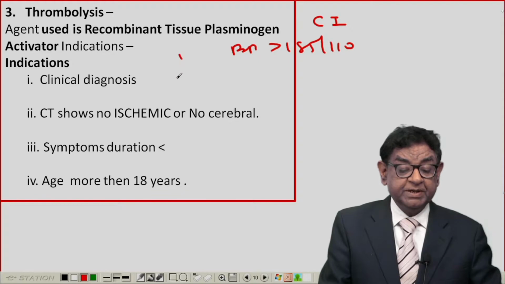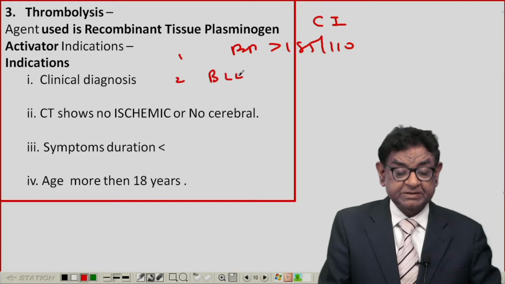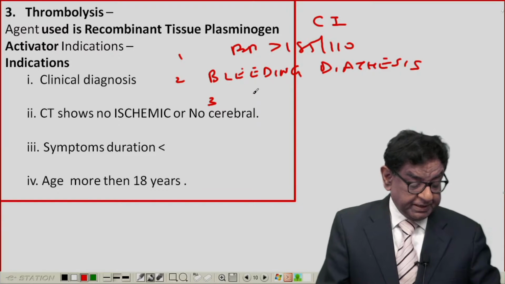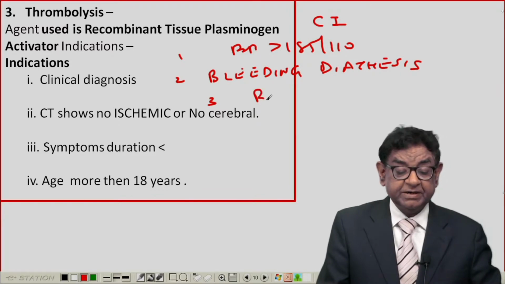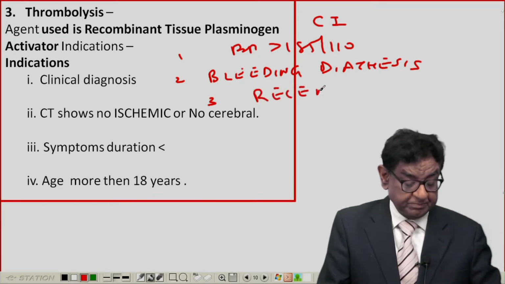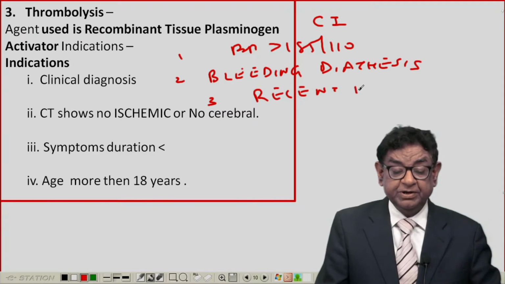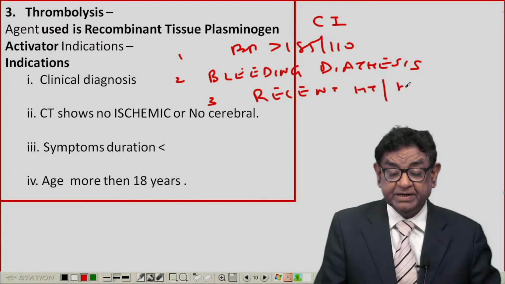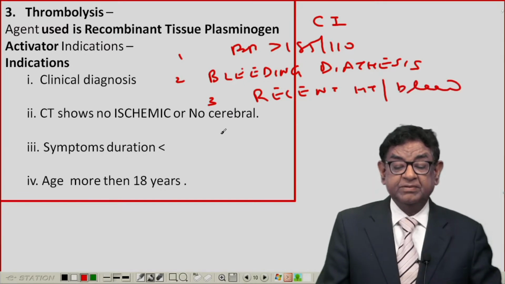Number 2, the patient has bleeding diathesis. The patient has a recent head injury or recent CVA, because a recent bleed in the brain.